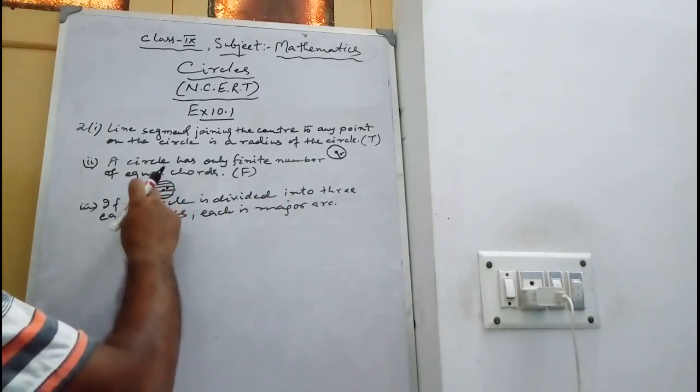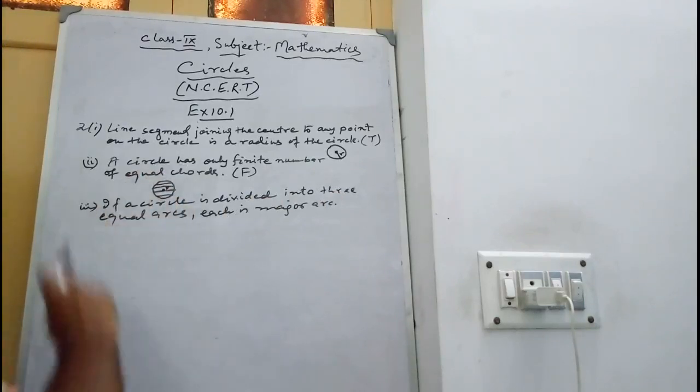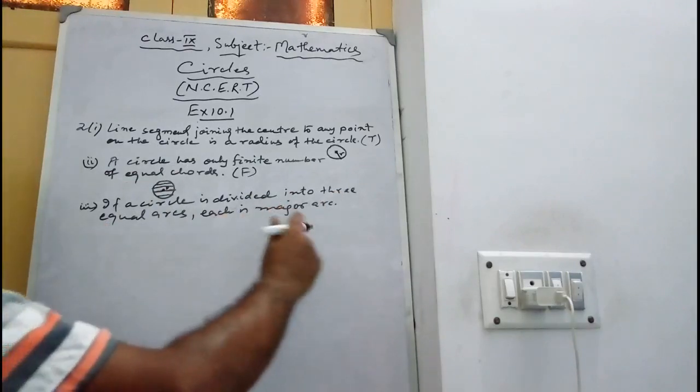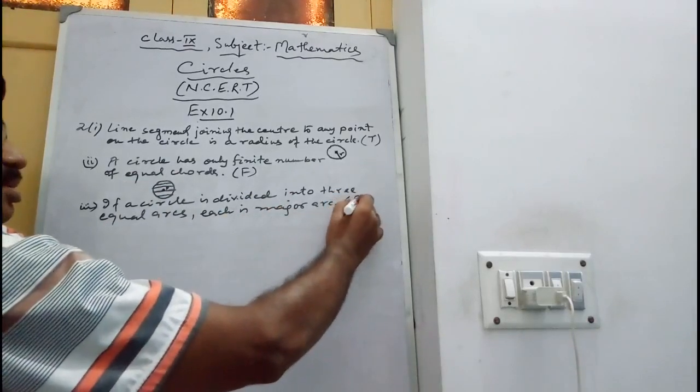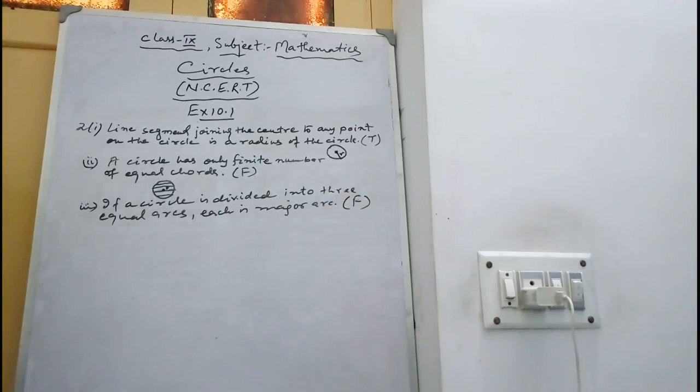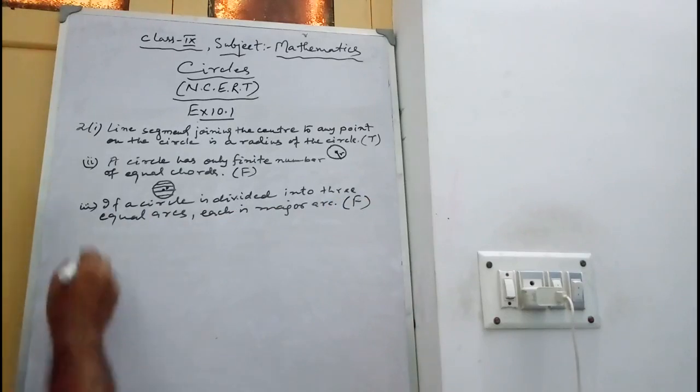If three equal arcs are divided, each is not a measured arc, because in that case both major and minor arcs are present, so each is not a minor arc. So the statement is false.